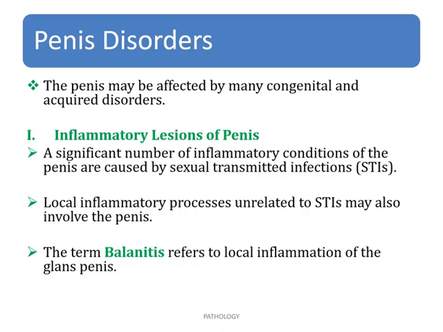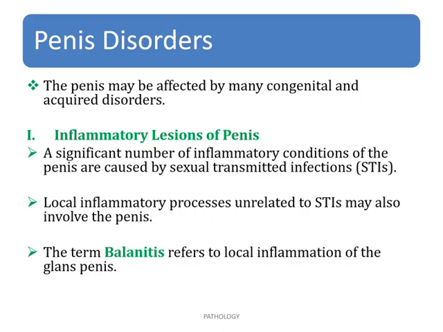Inflammatory conditions of the penis are most commonly caused by sexually transmitted infection, particularly bacteria, but also poor hygiene, particularly in uncircumcised males, can cause local inflammation in the penis. So we say the penis can be inflamed.